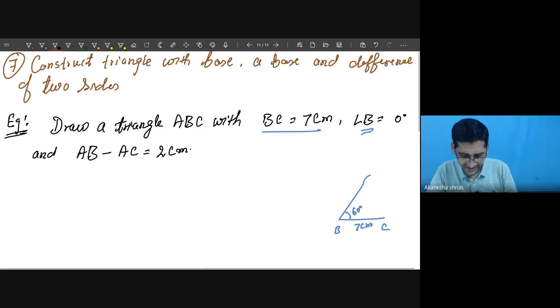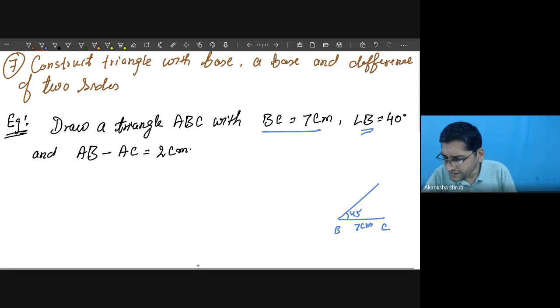Let us decrease this to 40 degree. So we have to draw the triangle ABC in which BC is 7 centimeter, and angle B is 40 degree.